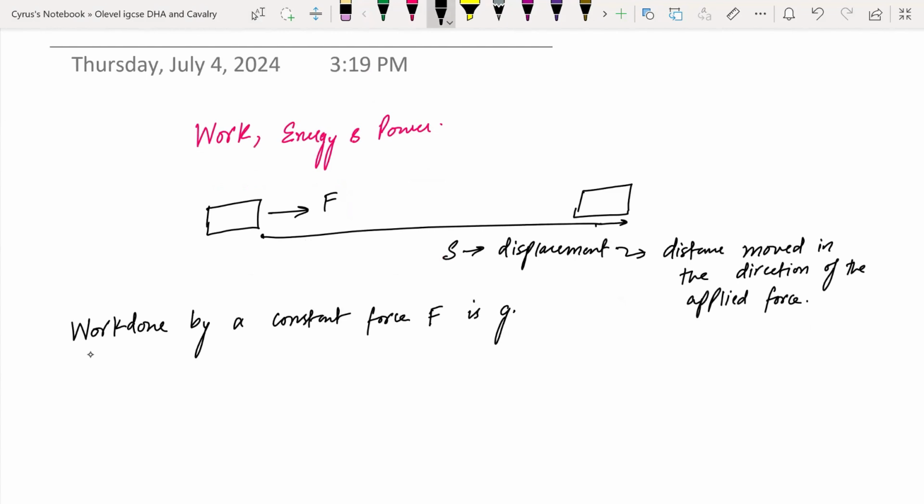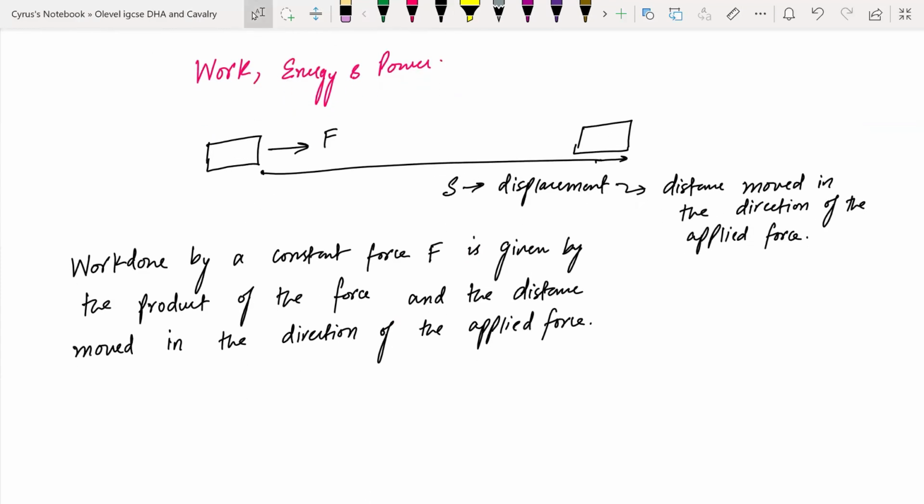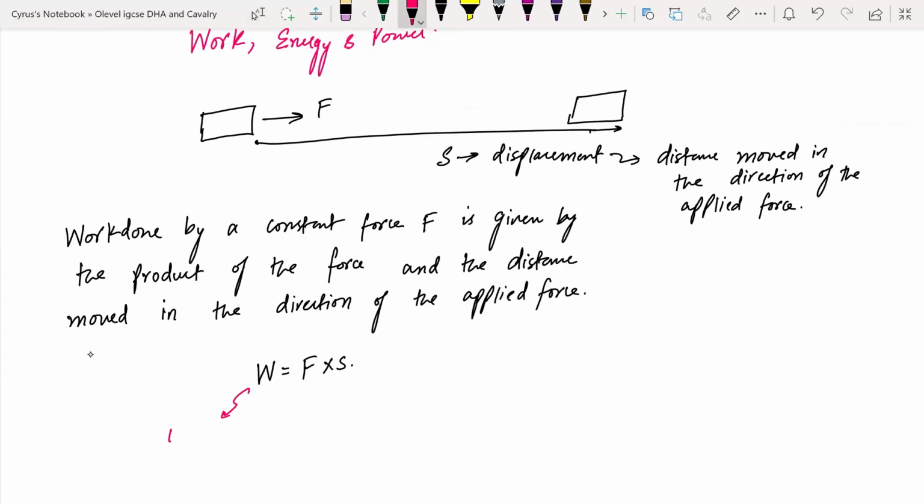So you should know this, that the work done by a constant force, which we call F, is given by the product of the force and the distance moved in the direction of the applied force. So the formula here becomes W is equal to F into S. Here W is the work done.